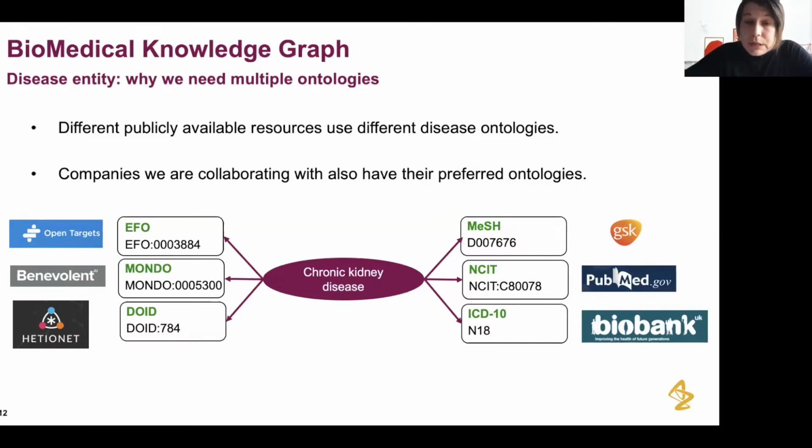Our collaborators, as AstraZeneca is collaborating with many companies, also use their own ontologies, like Benevolent, for some reason, Mondo. It's not a bad ontology, but that's what they decided to use, and we have to respect it. And maybe I'm wrong, so Conrad, please correct me if I am, but I think MeSH is the GSK preferred ontology. I might be wrong.